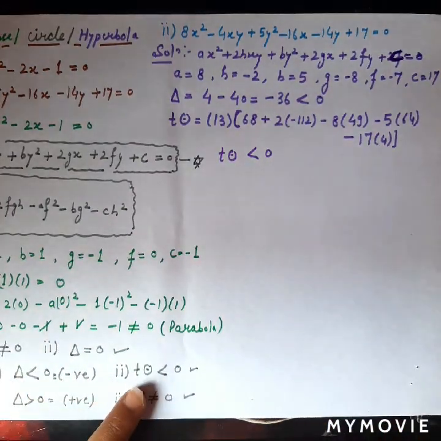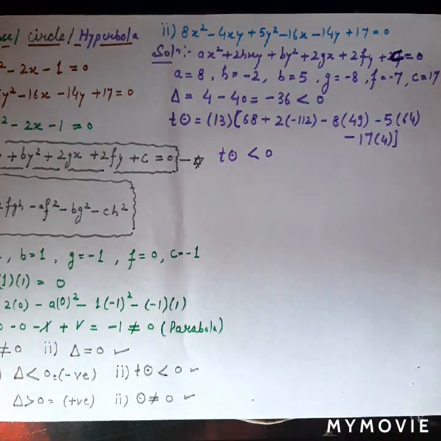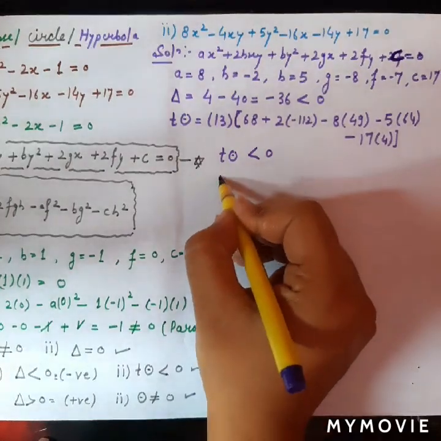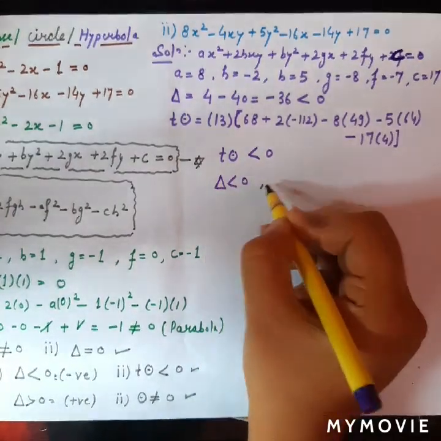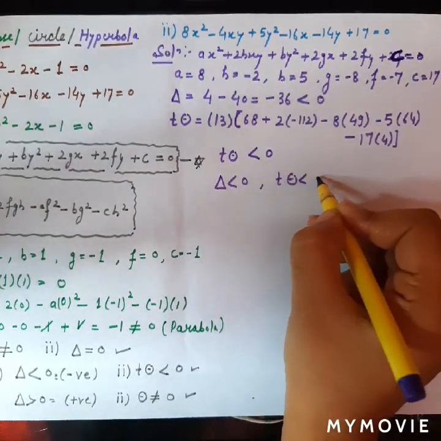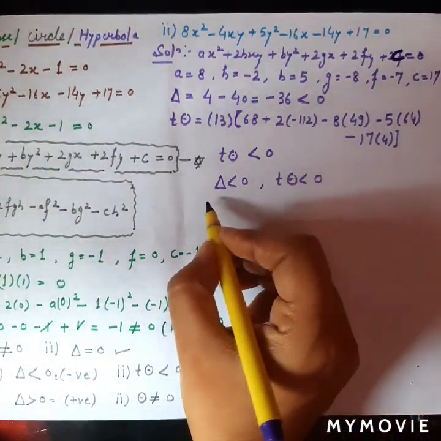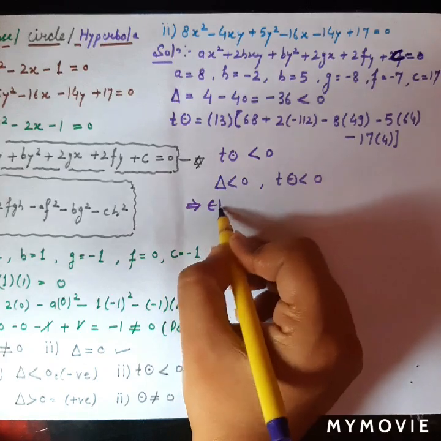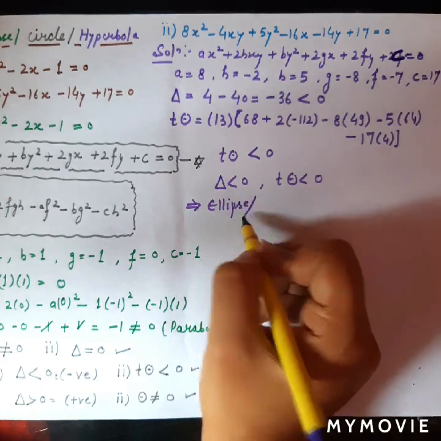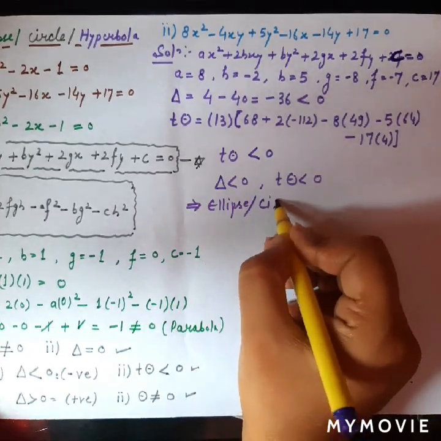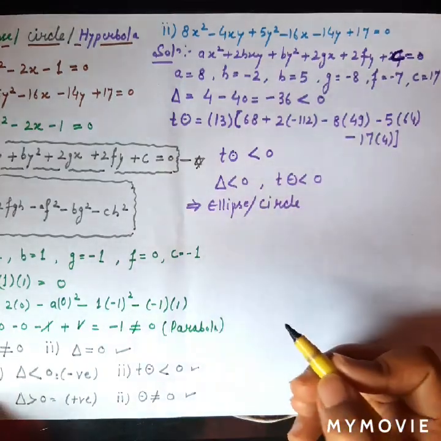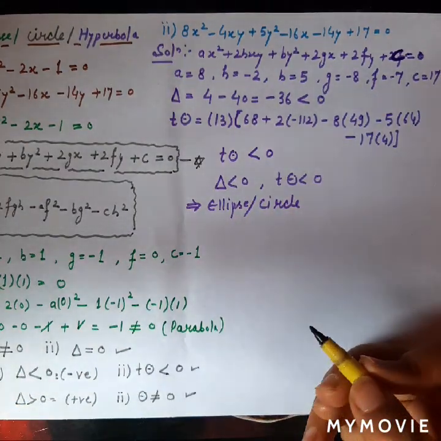So this condition has been satisfied in this equation, where delta is less than 0 and t phi is less than 0. So as I have already written, whether this will be an ellipse or a circle. Now the question arises, out of ellipse and circle, which will this be?